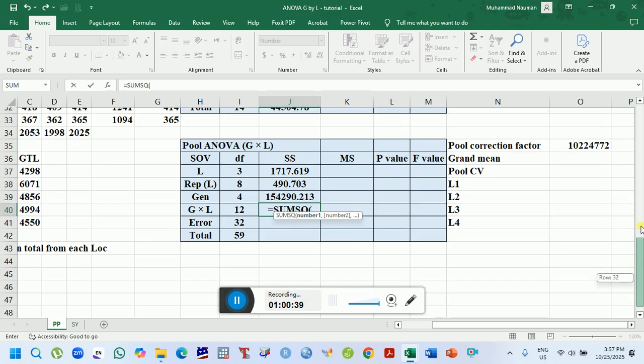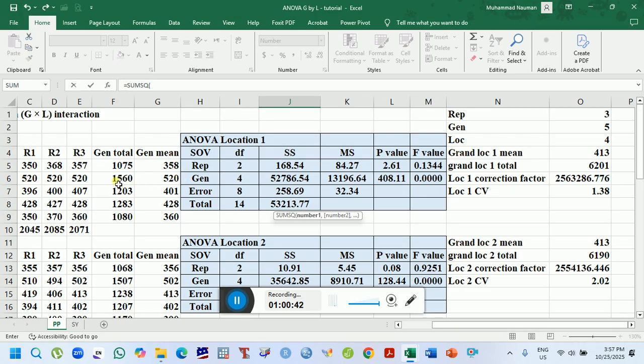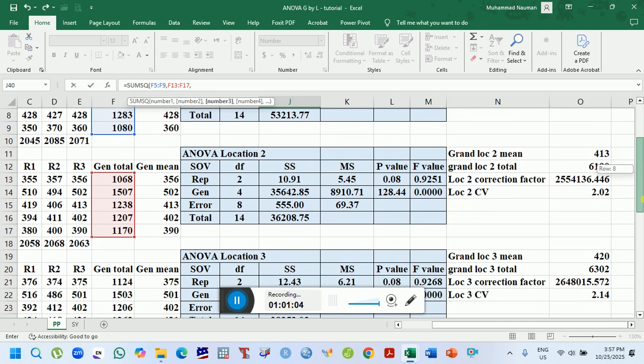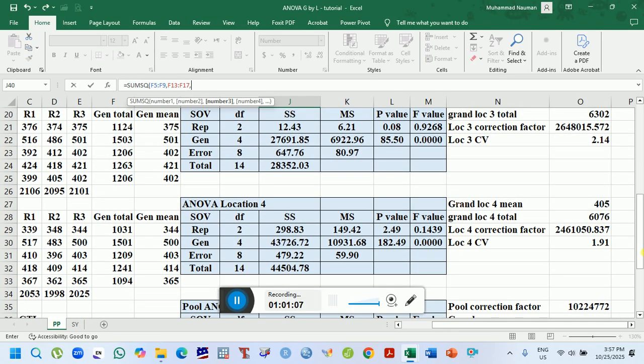Now we will select the ranges of each location of genotype total, comma, location 2 range of genotype total, comma, and so on, bracket.